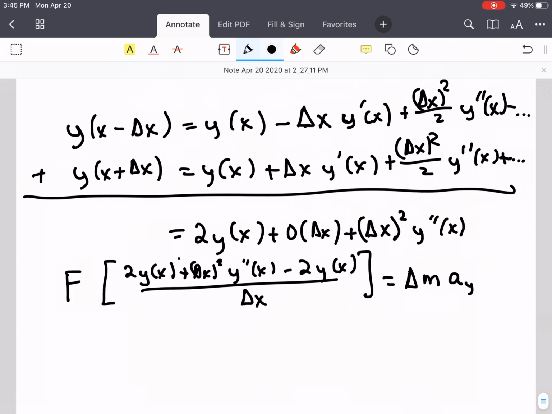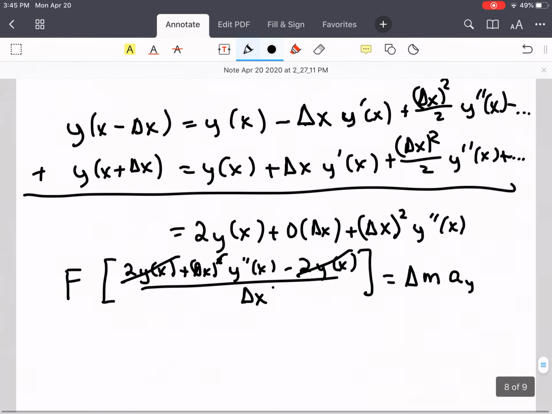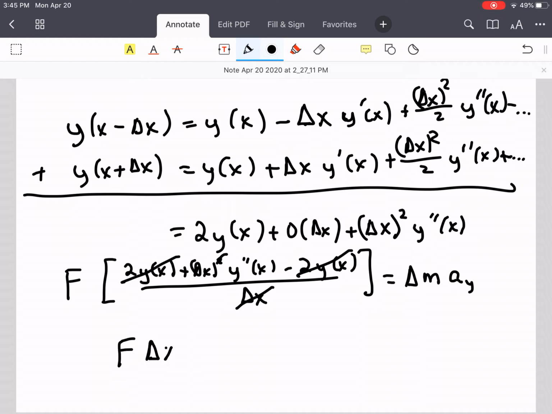And aha, our two y's cancel out. So does one of our delta x's now. And I'm left with a very nice expression, F delta x times y double prime of x, which I'm going to write out now as a second partial derivative, d squared y partial x squared. That's the second derivative with respect to x, keeping time fixed.